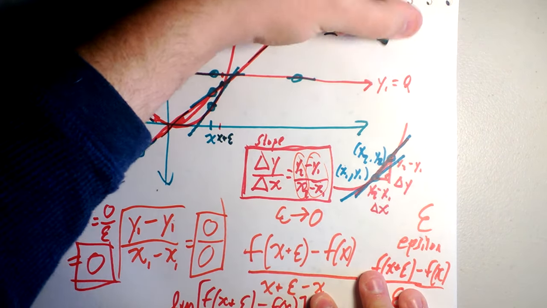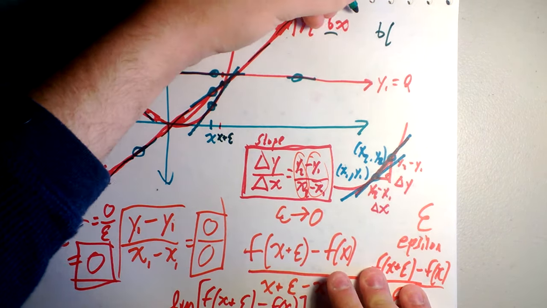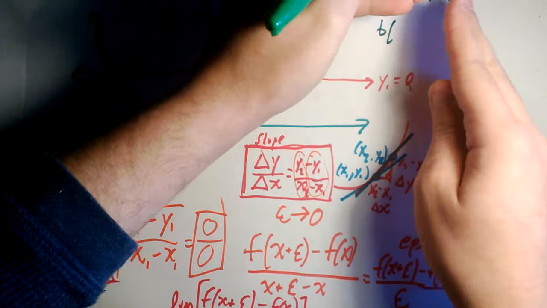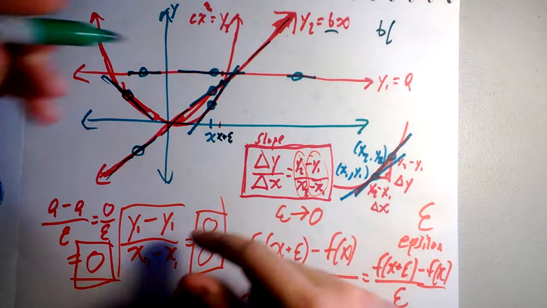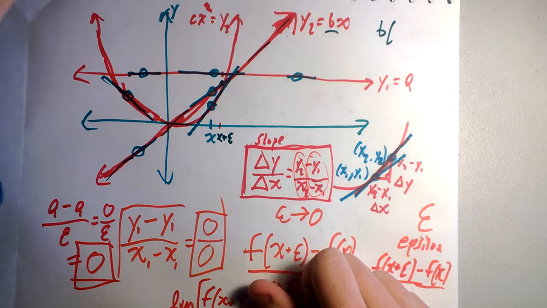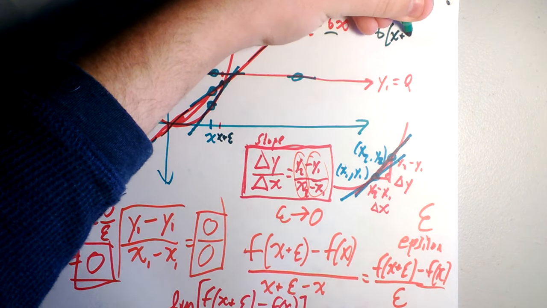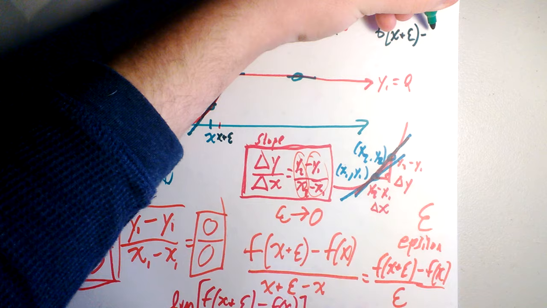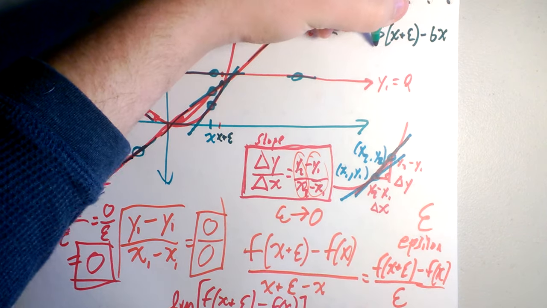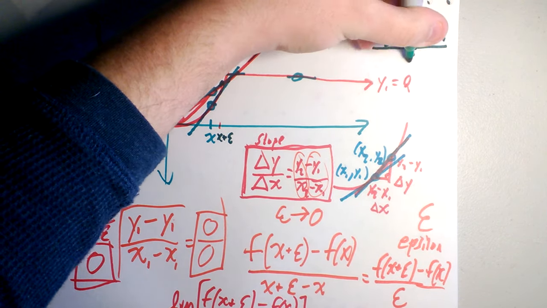So we have to plug in everything in x. If it was x squared, we still have to put parentheses on it and then square it on the outside. x is just going to be its own little thing. So we're going to plug in x plus epsilon into it. Then we're going to subtract b times x, and we're going to divide by epsilon.